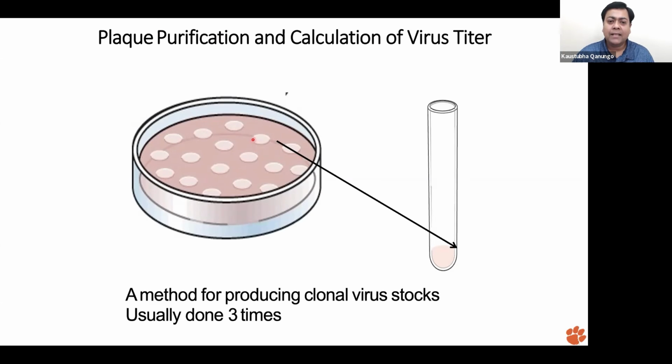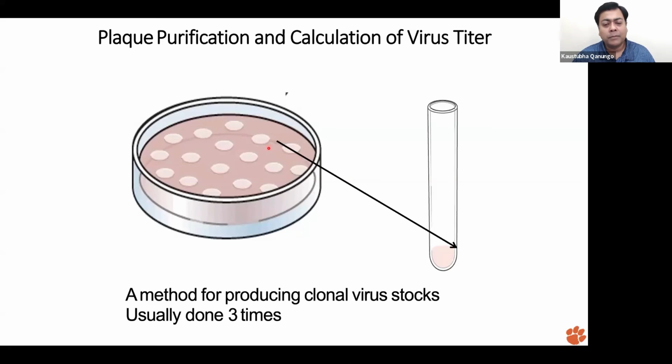We take one single plaque and suck it up with a micropipette, like a 1 ml tip micropipette, and this will be an agar plug. We put it into a media, and this will have the virus from there. And then with this, we will do another plaque assay.